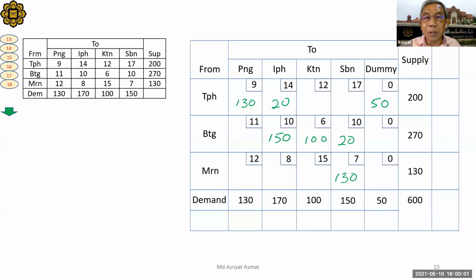Okay. Now let's see whether optimal or not. Now I find the U, the auxiliary index UI, VJ. We don't do it in detail, so I do it for you.